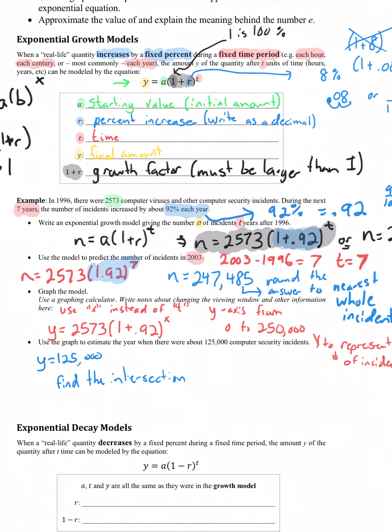I'm not going to go back to my screen right now to do that, but you'll get a straight line like that going through your exponential growth model, and you'll look for that intersection, and the x value of that intersection is our answer.